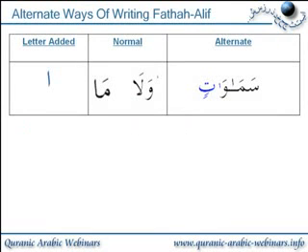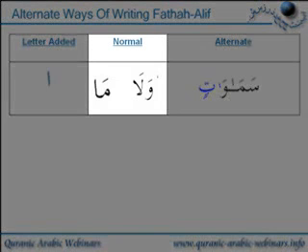One thing to also know is that there are different ways of writing the fatha alif. Under this column here we've got normal, so we have ma, and we also have wa and then la.